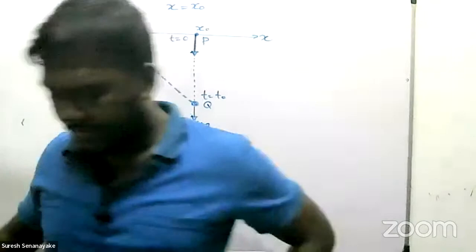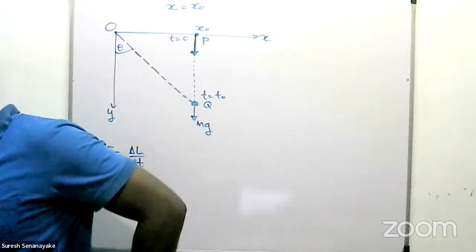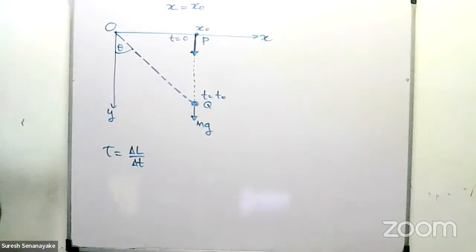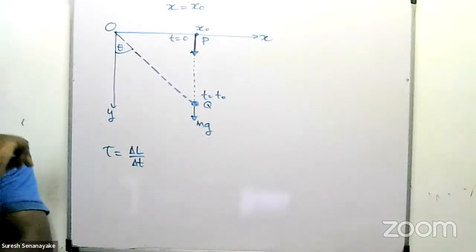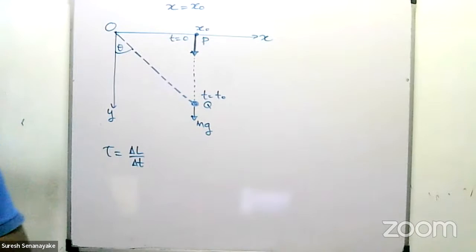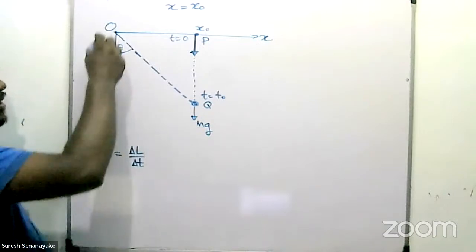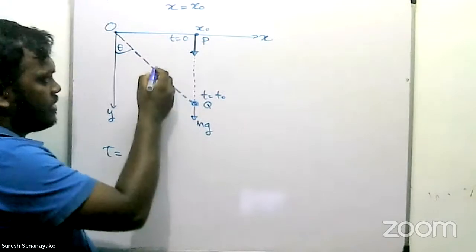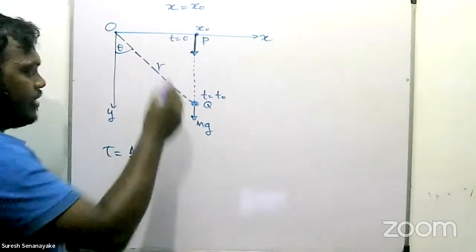All right, let's see how to do it. So, what is the torque? How is the torque applied? That's about this point. Let the distance be r, which you can write in this figure.